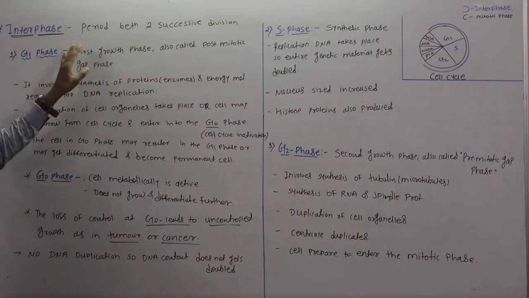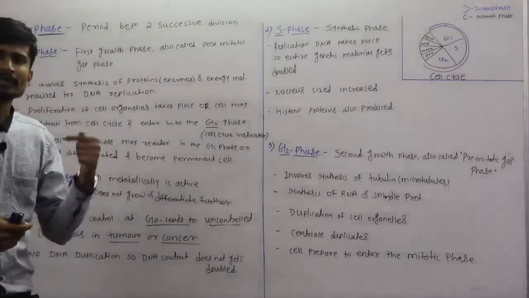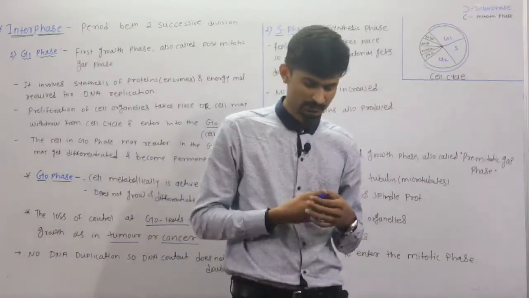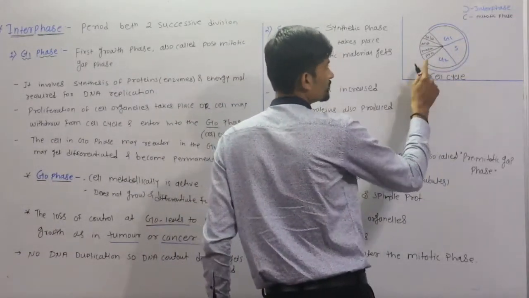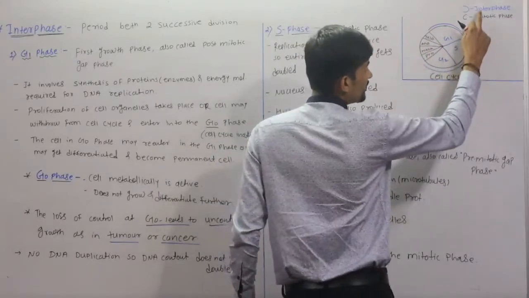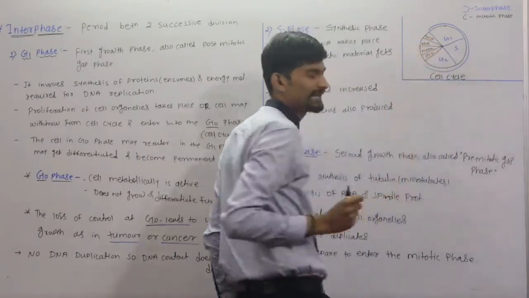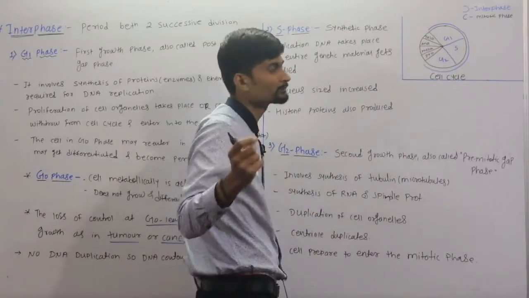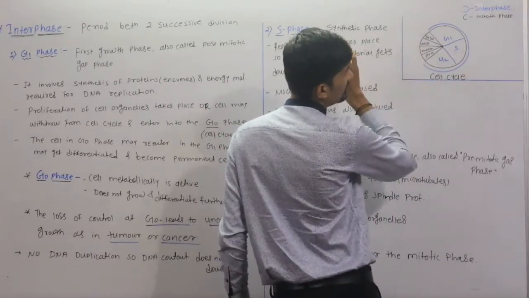So what is basically the interphase? Interphase is a period between 2 successive divisions, or a period between 2 successive mitotic divisions. Here is a diagram of cell division which shows the 2 different phases, interphase in blue color and mitotic phase in black color. We have seen the sub stages of the mitotic phase, that is prophase, metaphase, anaphase and telophase.